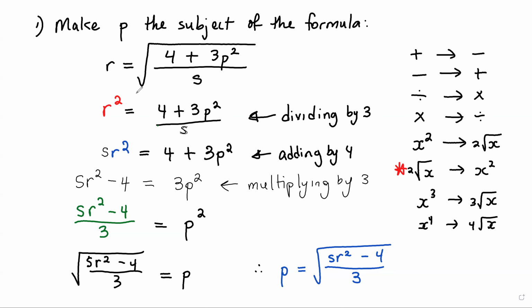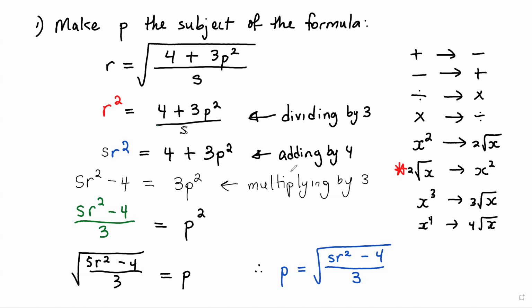So to undo the square root, or if you want to think of it as moving the square root symbol from one side to the other side, you'd have to do the opposite of it, which is the square. So that's how come this side became R squared. What you'll be left with on the right-hand side will be 4 plus 3P squared divided by S. So you're going to be left with what's inside of the square root.